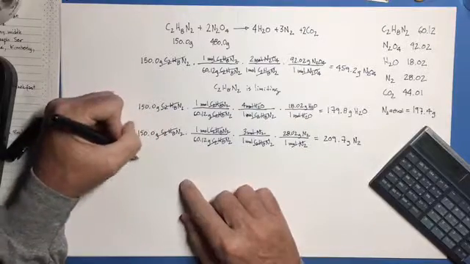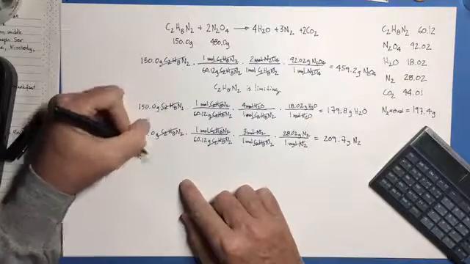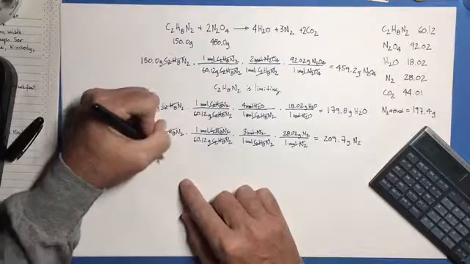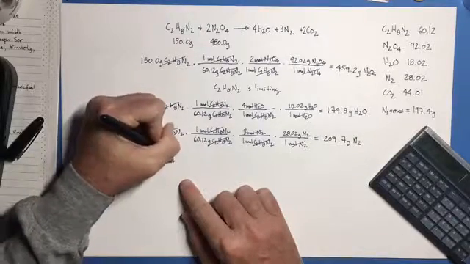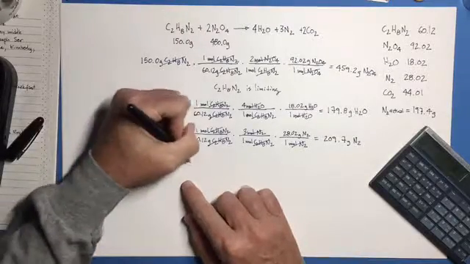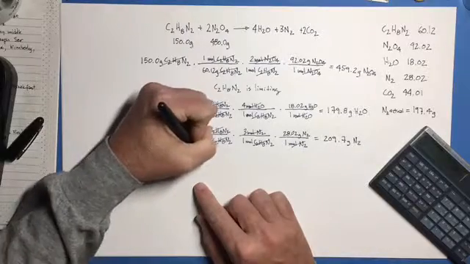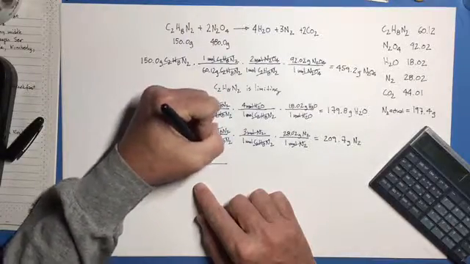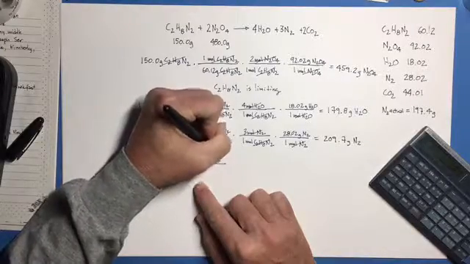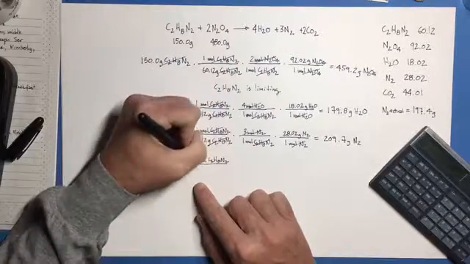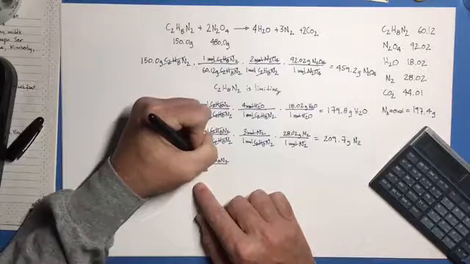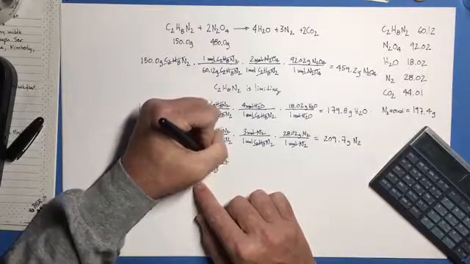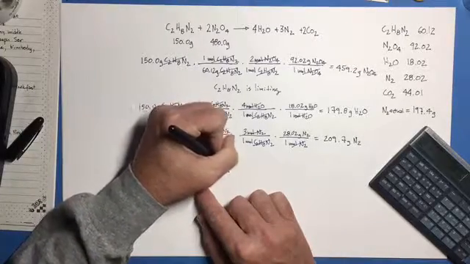So once again, I start with my limiting reactant, 150.0 grams C2H8N2 times, convert that to moles, 1 mole C2H8N2 is equivalent to 60.12 grams C2H8N2.